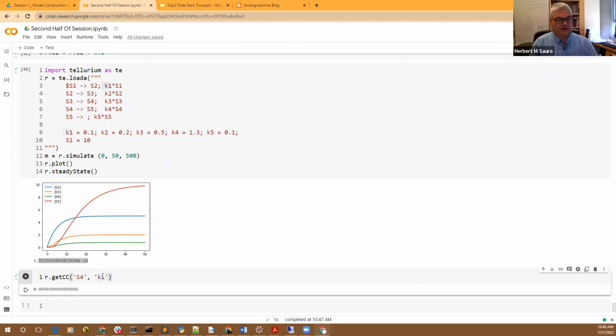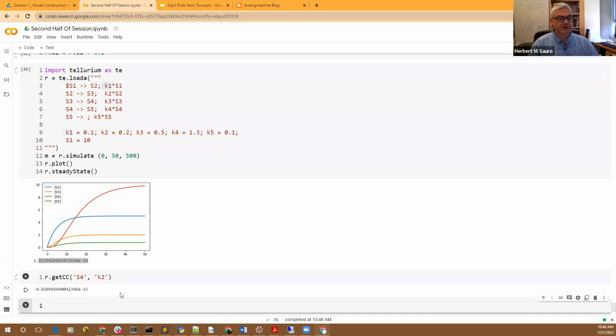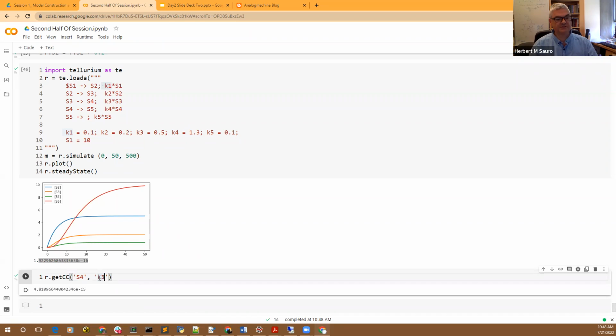I can pick other parameters and see what they do. K2 on S4 is apparently 0. K3 is also 0. Let me just double check this.